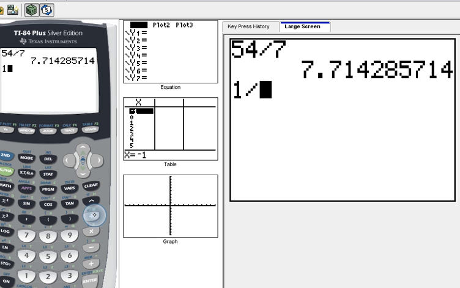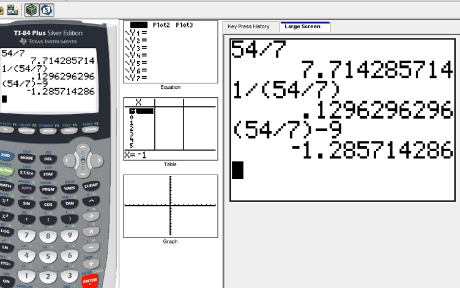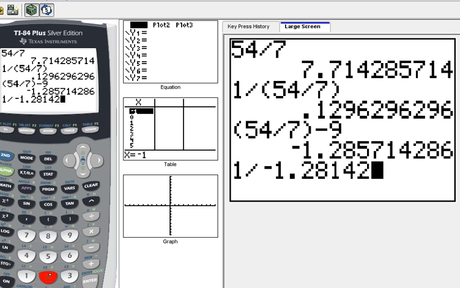So 1 divided by parenthesis 54 divided by 7, and that equals. Then I'm going to take 54/7 minus 9, and then take 1 divided by that. You could be going up and grabbing all these numbers, which is super annoying for me not to be able to do.